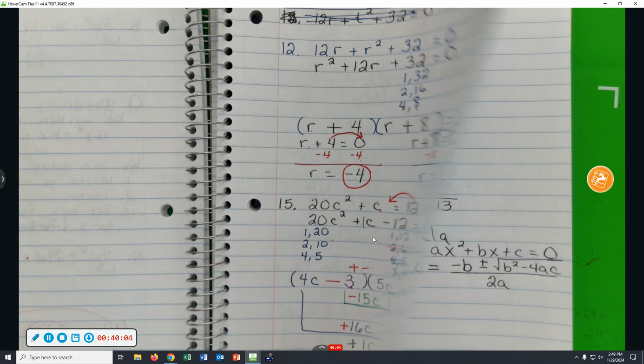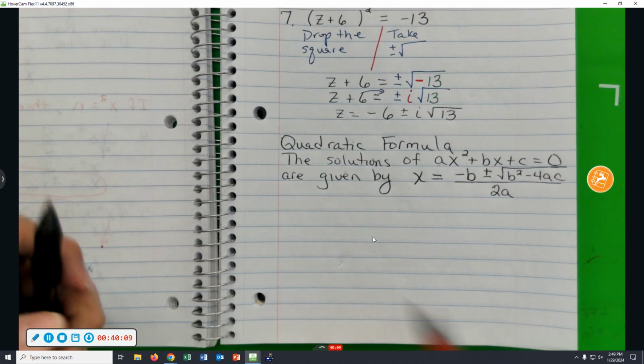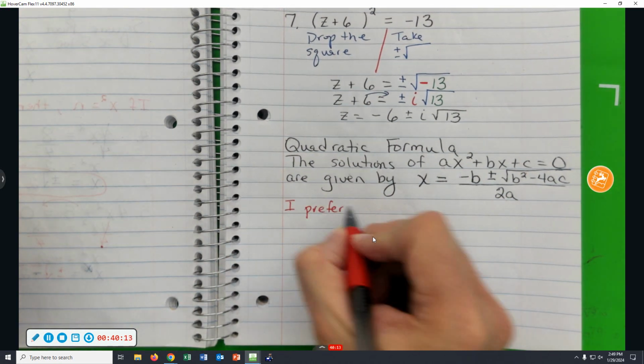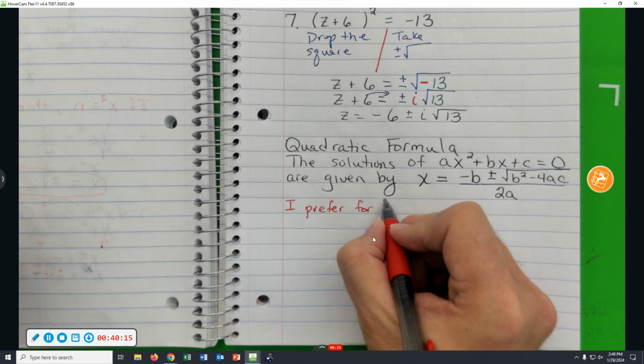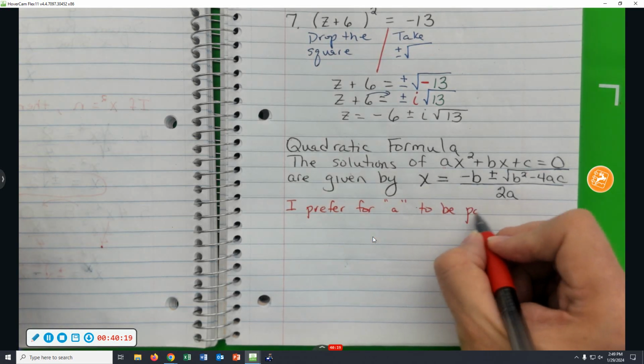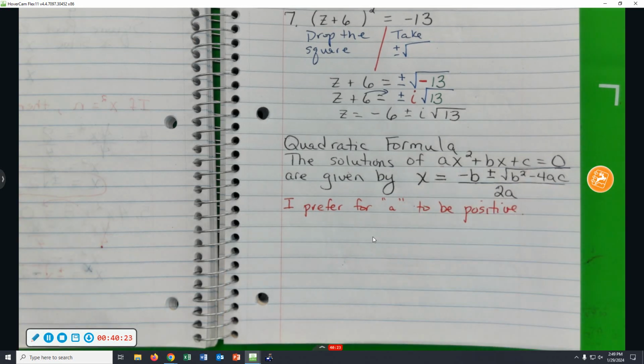Okay? And you might say, well, what happens if it isn't? You'll see. You'll see. Okay? So I'm going to make a note. I prefer for a to be positive. If it isn't, I'm going to move it over to the other side to make it positive.